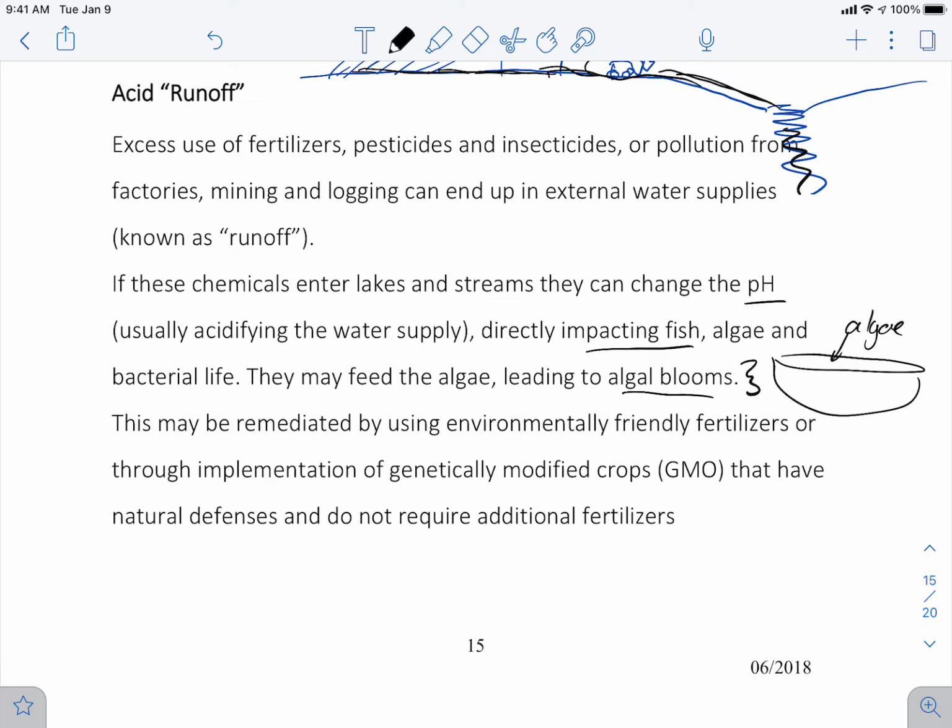And then the sunlight is all being absorbed by the algae, and the fish and other things that need a little bit of sunlight, not too much, but they do need some, don't get what they need, or the plants on the bottom of the lake can't get any sunlight, and then they die. And then when the ecosystem is completely put out of whack like that, the whole system can go down. It no longer functions the way it's supposed to.